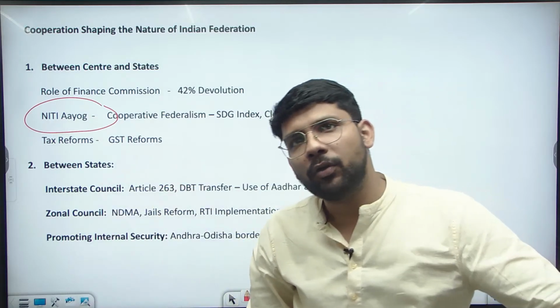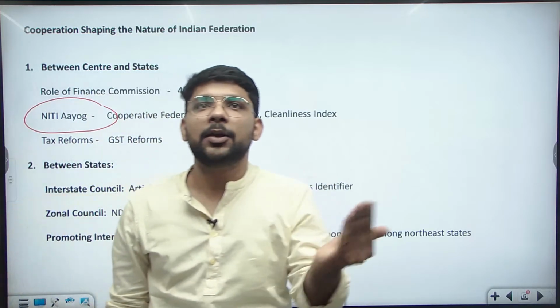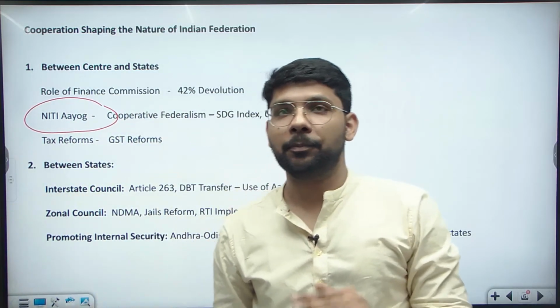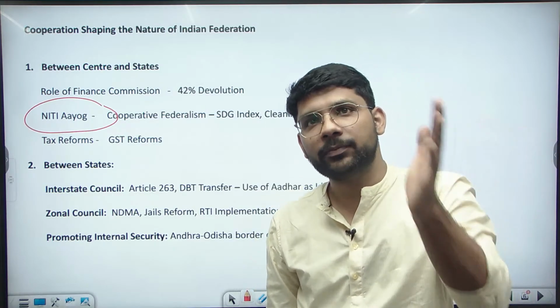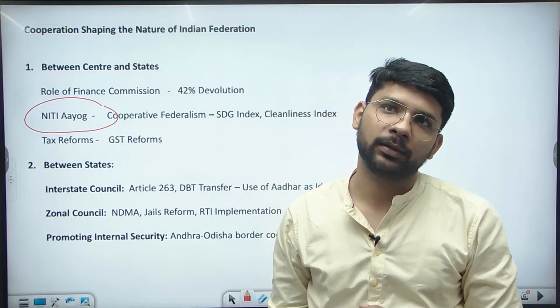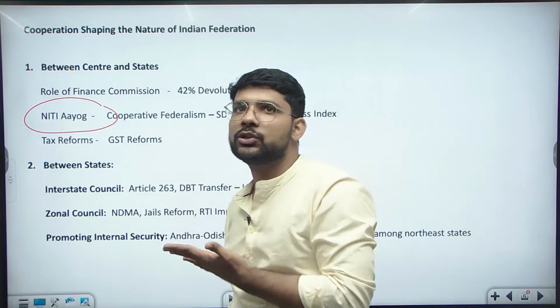Here the Niti Aayog is framing the policy at the central level and implementing it in the different states, but the state also has its own role. How the state is performing in those policies increases the level of competitiveness. We can write this example in the next point.